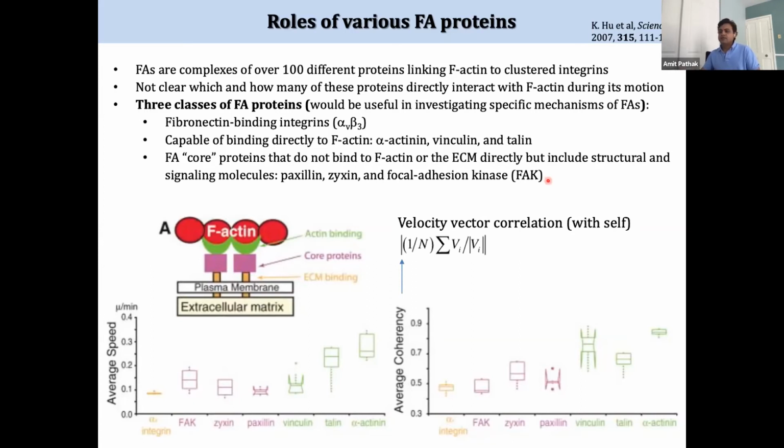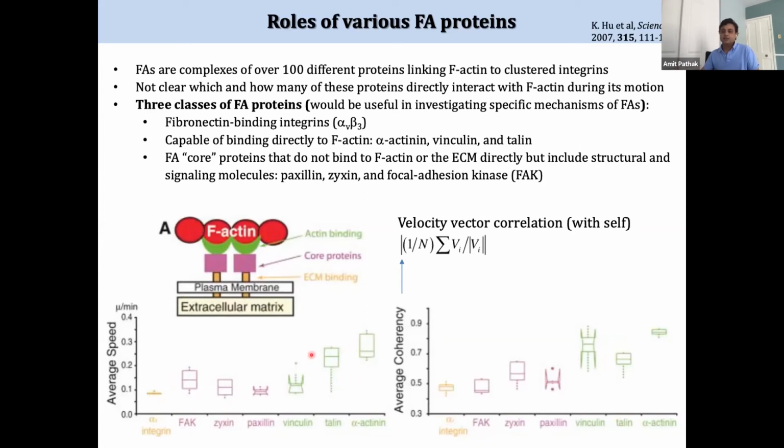In the bottom of the slide, it says the average speed of these different types of molecules. There is this speckle microscopy to look at how different proteins move as the cell is moving. Integrins, their velocity is kind of low. They are closest to the ECM, so they're not that likely to move. They're attached. Focal adhesion core proteins are next, and these actin binding proteins are fastest.